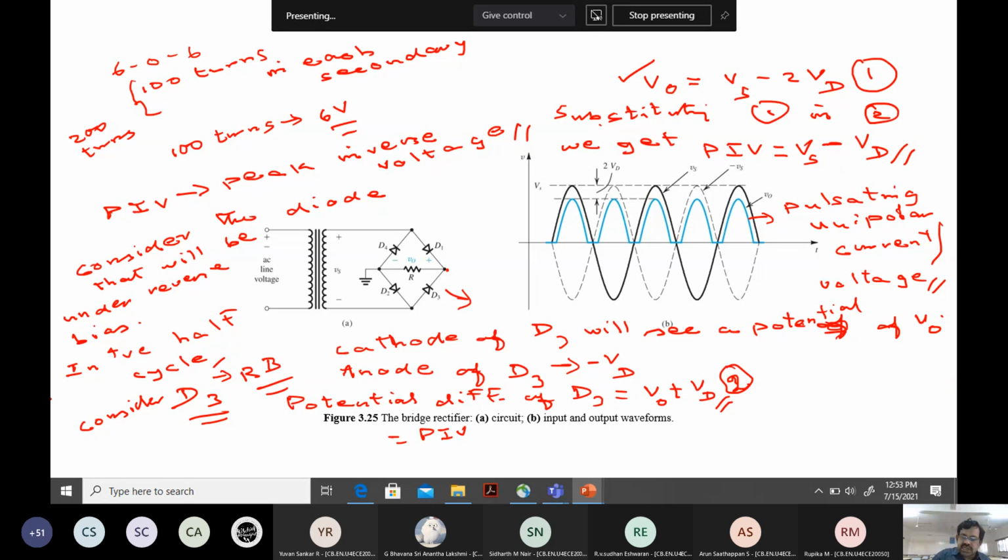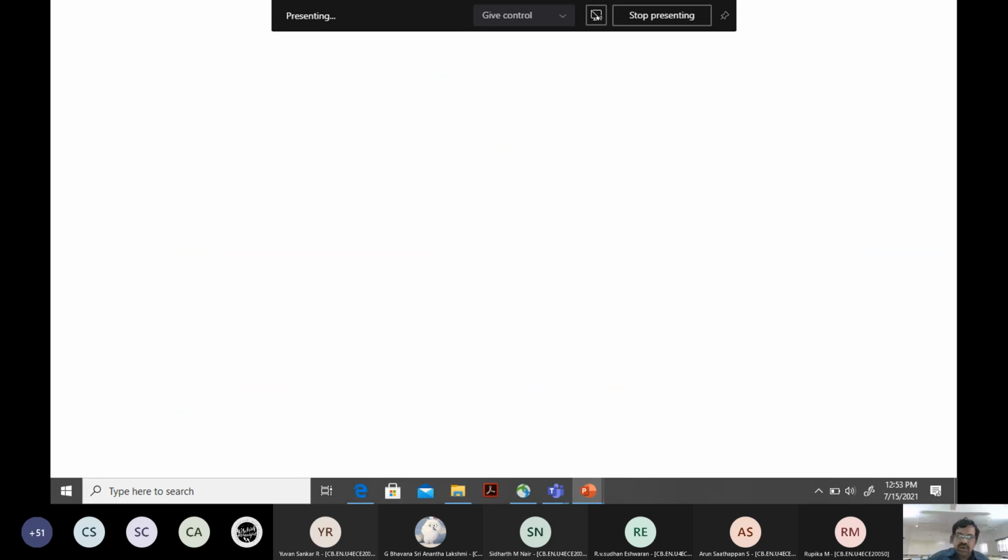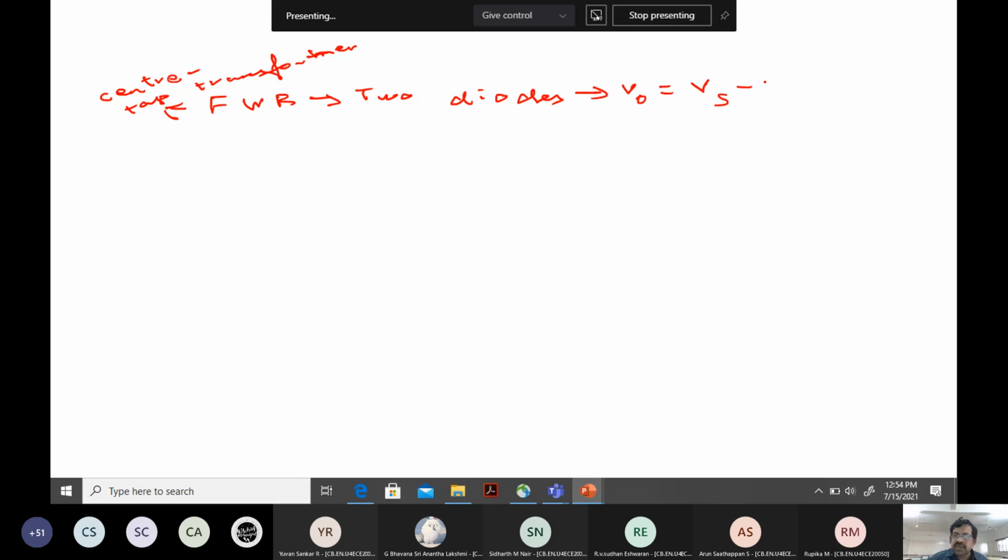Now two things that I want to tell you here. One of them, look here, the full wave rectifier uses 2 diodes and a center tap transformer, and here the output V naught will be equivalent to Vs minus Vd.